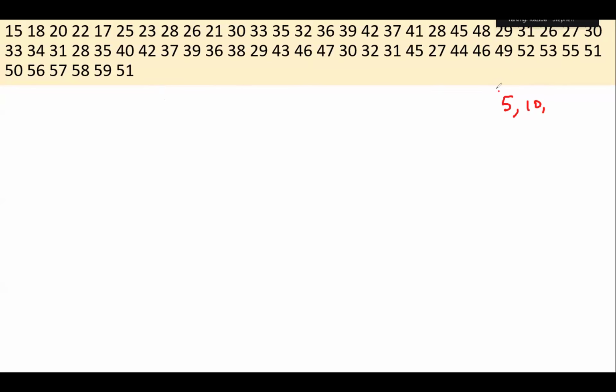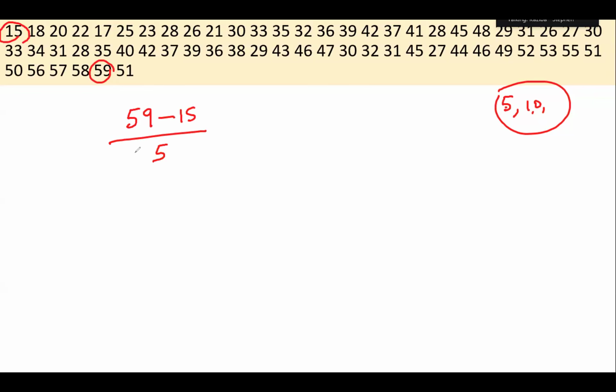What do you do? To check which class interval to use, whether 5 or 10, identify the largest value in your data set. For our case here, one of my biggest values is 59 and the smallest value is 50. So you are going to say highest value minus the smallest value, and test it with one of the class intervals, divide by 5.